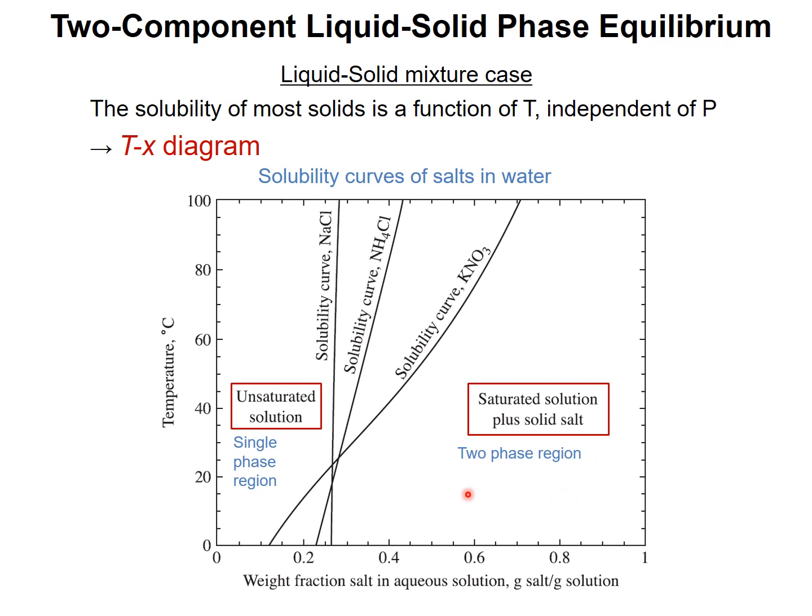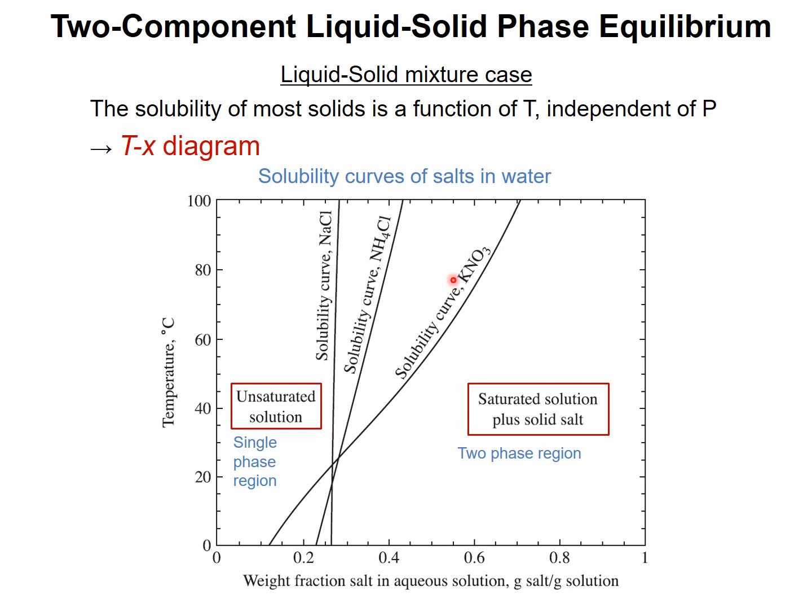So this region is a two-phase region. However, on the other side of this curve, we have unsaturated solution because the amount of salt is below the solubility. So this region is a single phase region. That is the solubility curve for salts in water.